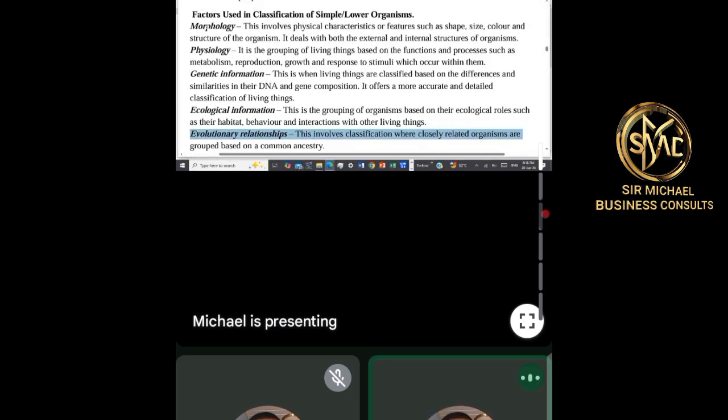And based on the external features, we the mammals, we have fur or hair on our head. But the birds, they have feathers and they have scales on their feet. So they are put in class Aves, while we are kept in class Mammalia. Others are in class Reptilia, others are in Amphibia, and the rest.